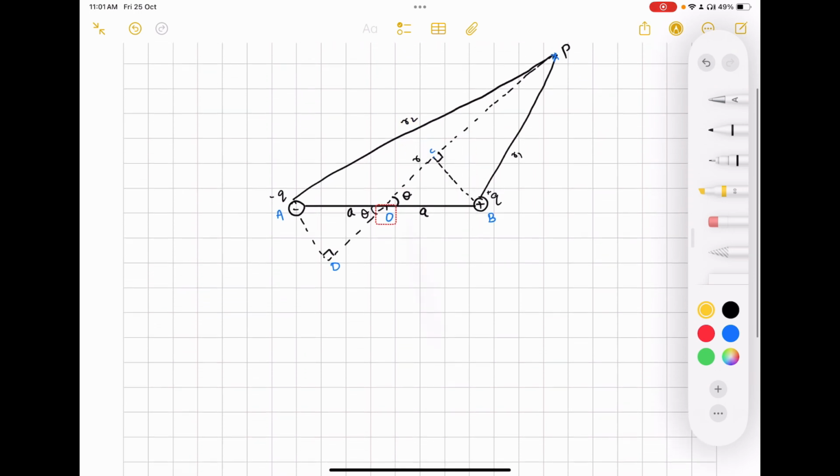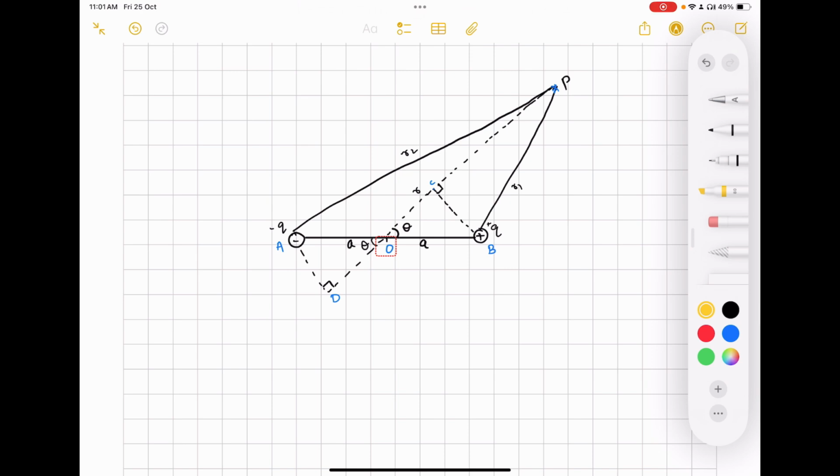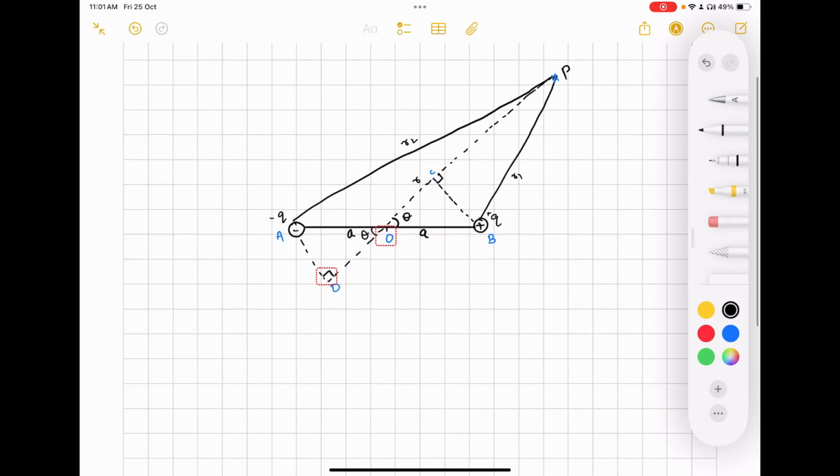We can draw the figure like this and let this angle be theta, and we draw perpendiculars from the positive charge to the line R at the point C, and from the negative charge to the point D. To find the potential at P, we will find the potential at P due to the negative charge alone and due to the positive charge alone, and then sum it up.